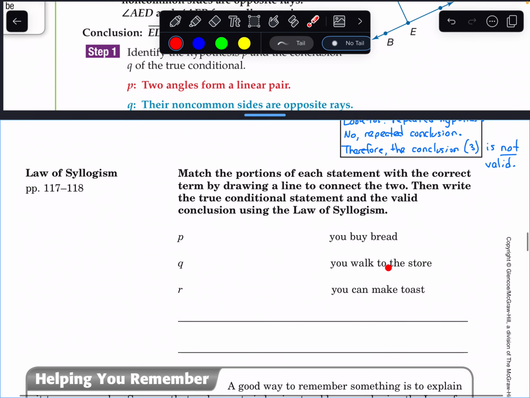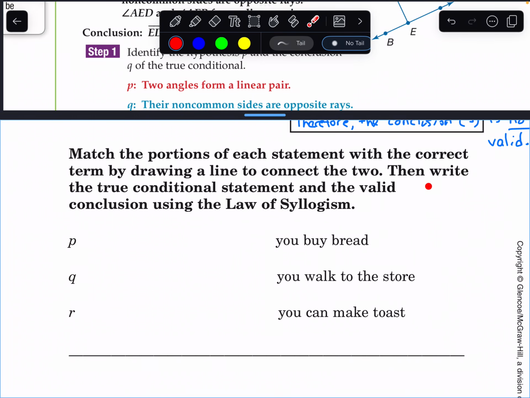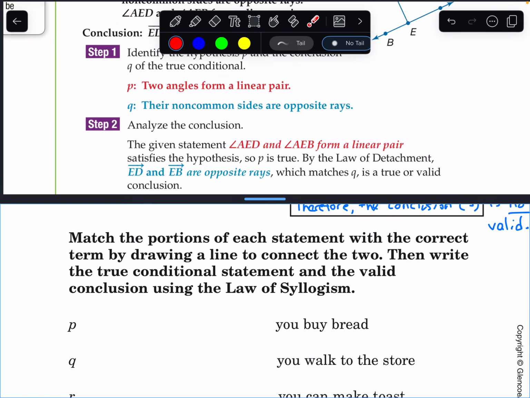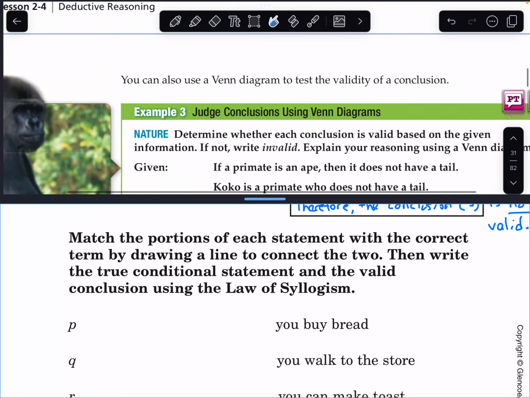Next up, law of syllogism. Match the portions of each statement with the correct term by drawing a line to connect the two. Then write the true conditional statement and the valid conclusion using the law of syllogism. Okay, we want 3 statements here, and here are 3 potential statements. Let's remind ourselves on law of syllogism here.